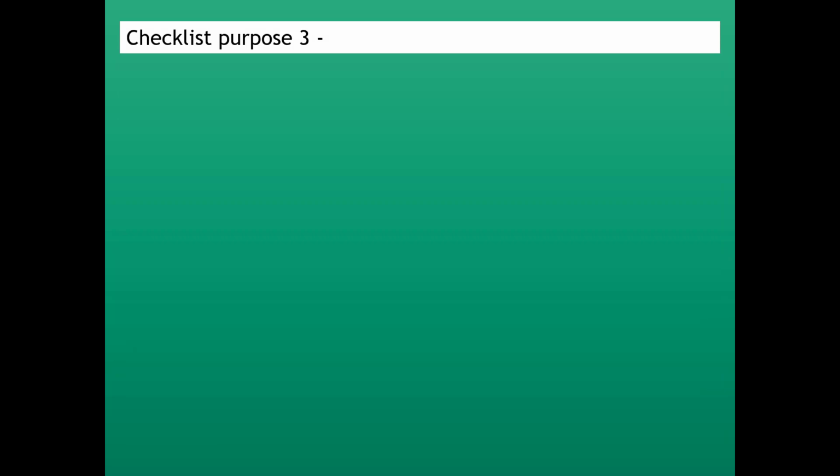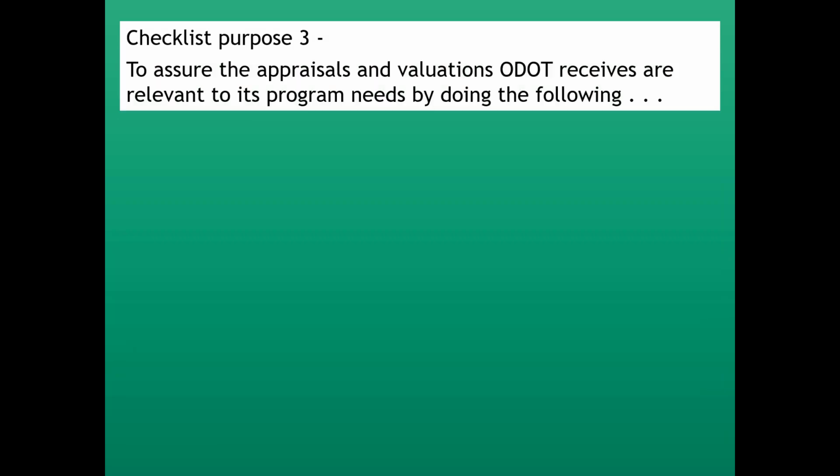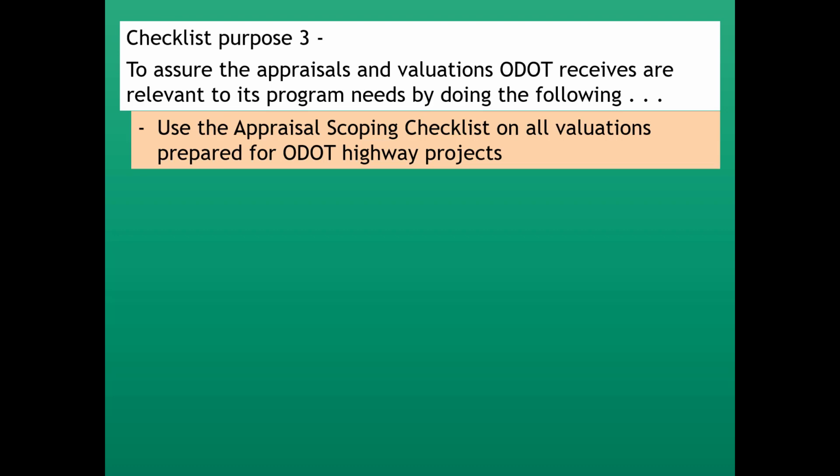Finally, the third purpose of the checklist is to assure the appraisals and valuations ODOT receives are relevant to its program needs by doing the following. We're going to use the appraisal scoping checklist on all valuations prepared for ODOT highway projects.